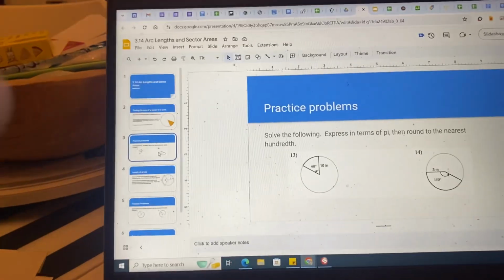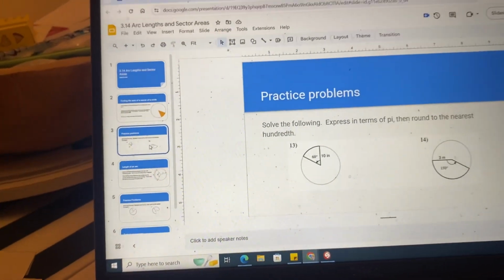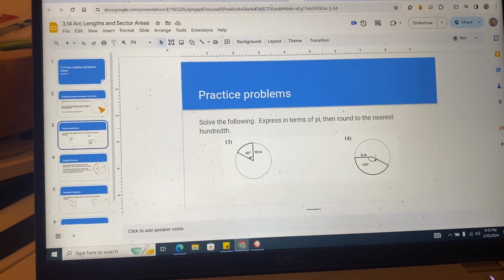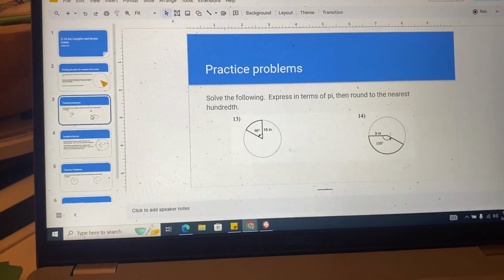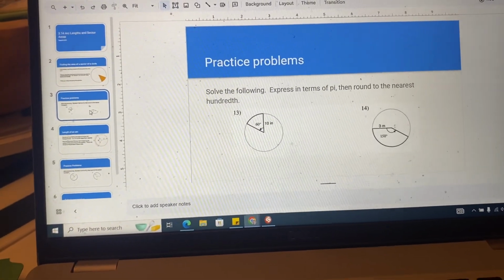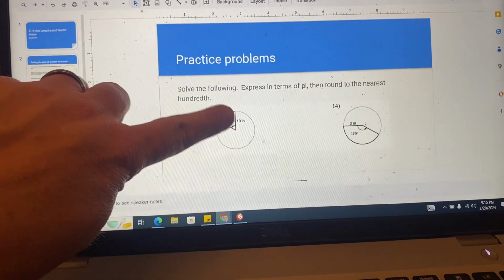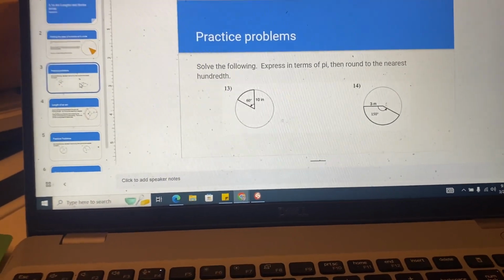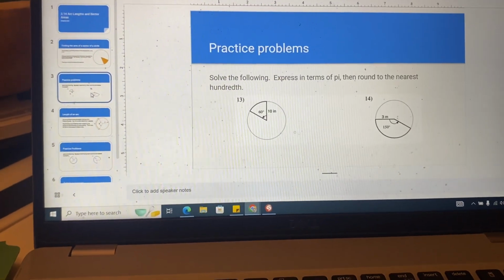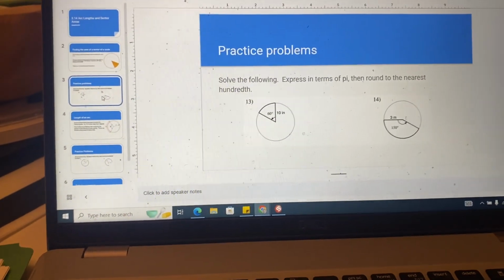So if we look at this one, solve the following problem, express in terms of pi, then round to the nearest hundredth. You noticed on yesterday's assignment, there was both put your answer in terms of pi and round your answer, depending on which section you were doing. On this one, the radius is 10 inches. The area of the entire circle is 10 squared times pi, so 100 pi.